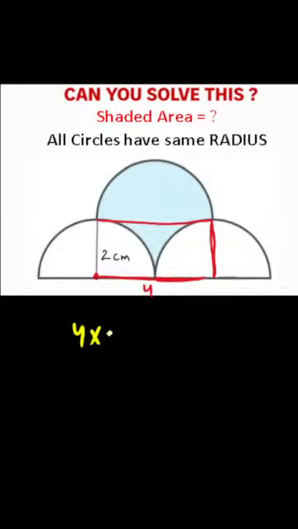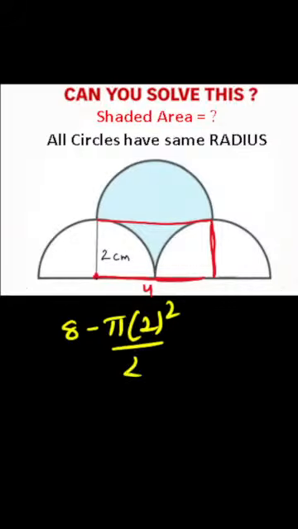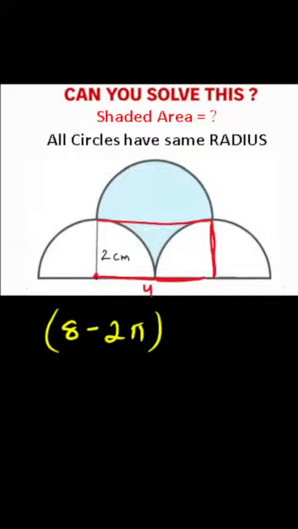The area of the rectangle is 4 into 2, which is 8, minus these two quadrants, which together will form a semicircle, right? So it could be pi r square by 2, pi 2 square by 2. On simplification, this is 2 pi. So what is this? 8 minus 2 pi. It is this much shaded region only.